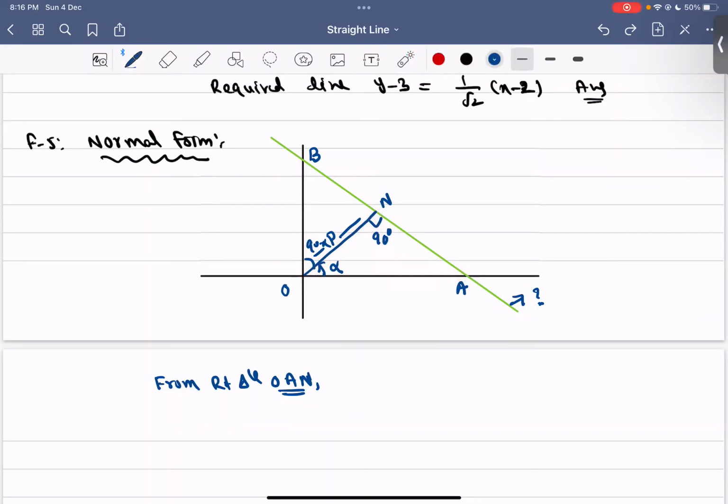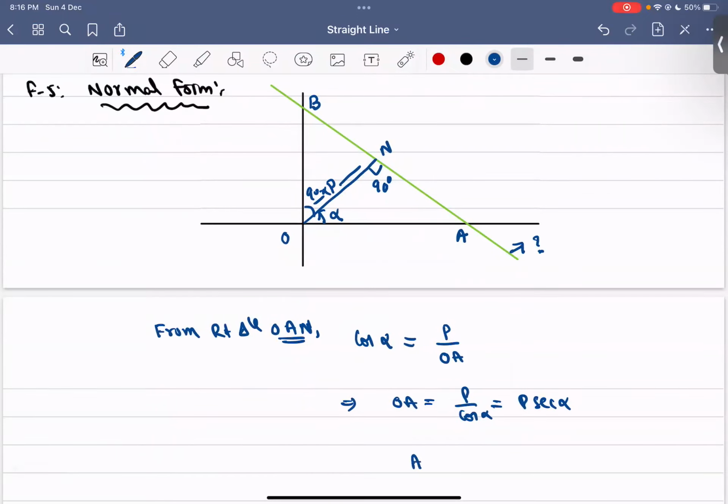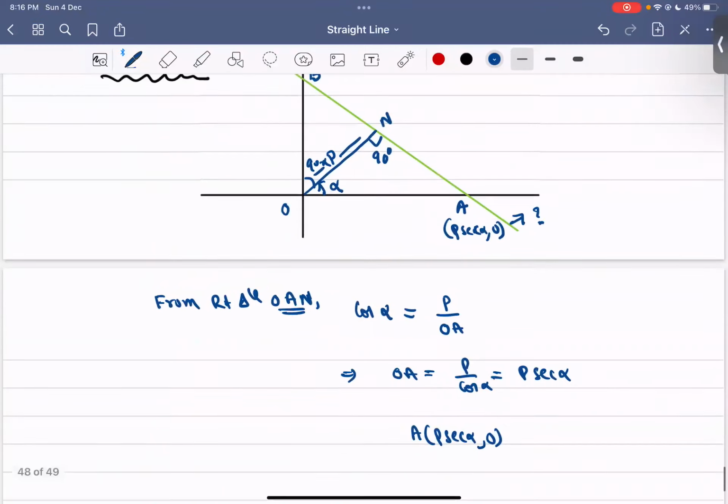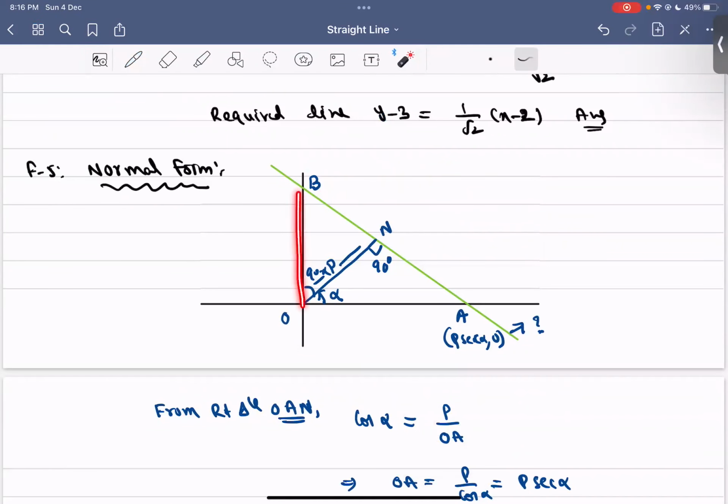So cos alpha is equal to P by OA. That implies OA is equal to P by cos alpha, that is P secant alpha. Therefore the coordinates of A are (P secant alpha, 0).